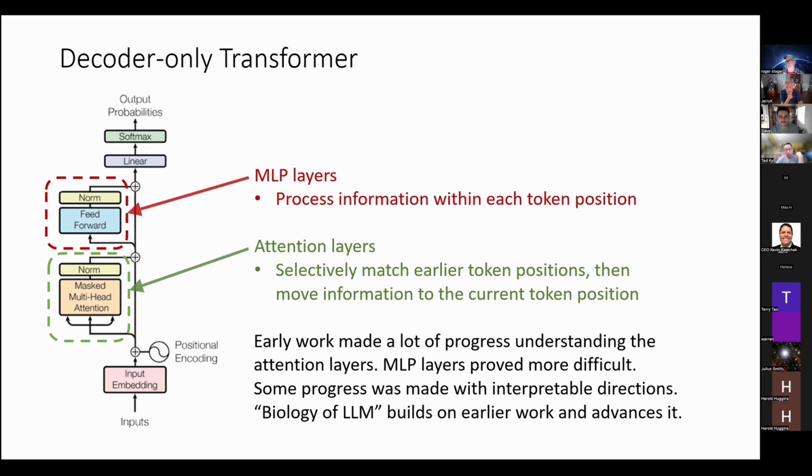It might copy information from an earlier token position, so that if the subject of this paragraph is Maria and Maria is a chef, then possibly information about chefs is getting copied to the local token position where the word she is. Then later layers aren't just dealing with a random she; they're dealing with a she that they have information about, such as: she is a chef.